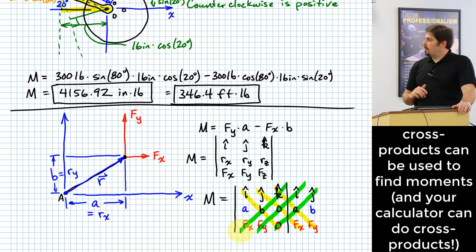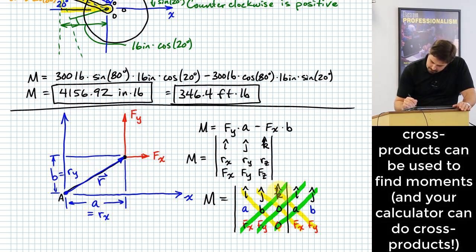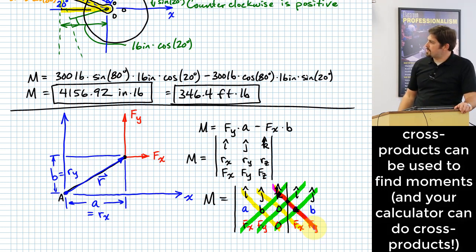It turns out that the only two of those multiplications that don't have a term of 0 in them are the one that comes right here, and the other one goes like this.